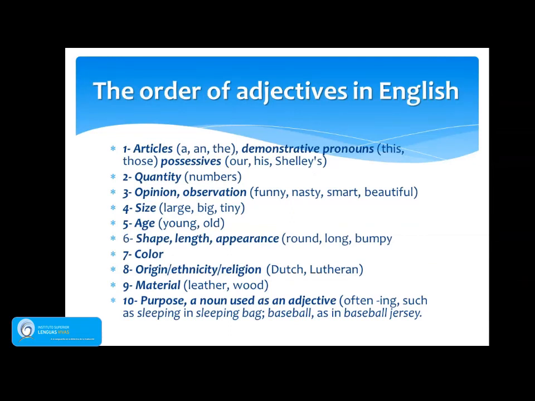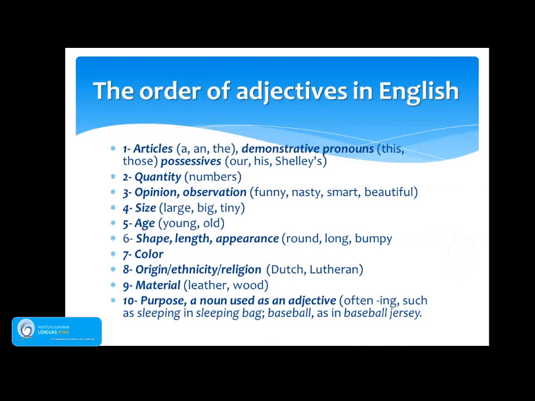We should also remember that adjectives in English have got a certain order. That is, when we find several adjectives together modifying a noun, we should first, if we are writing, first write a sort of article, a demonstrative or a possessive.